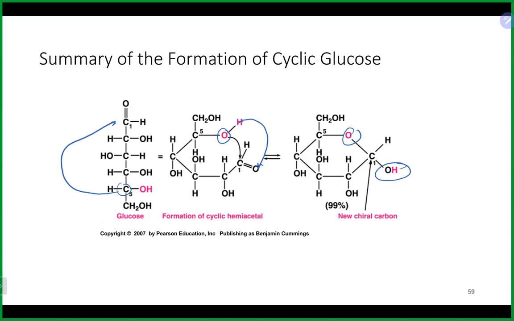So in case you were curious, that's how the oxygen gets incorporated into that ring, and why we skip those two as we count up and down: they come together and close up the ring on this end, and we end up with that oxygen that binds the two together. When it opens, it does the opposite. The hydrogen goes back and it splits back open into the open form.